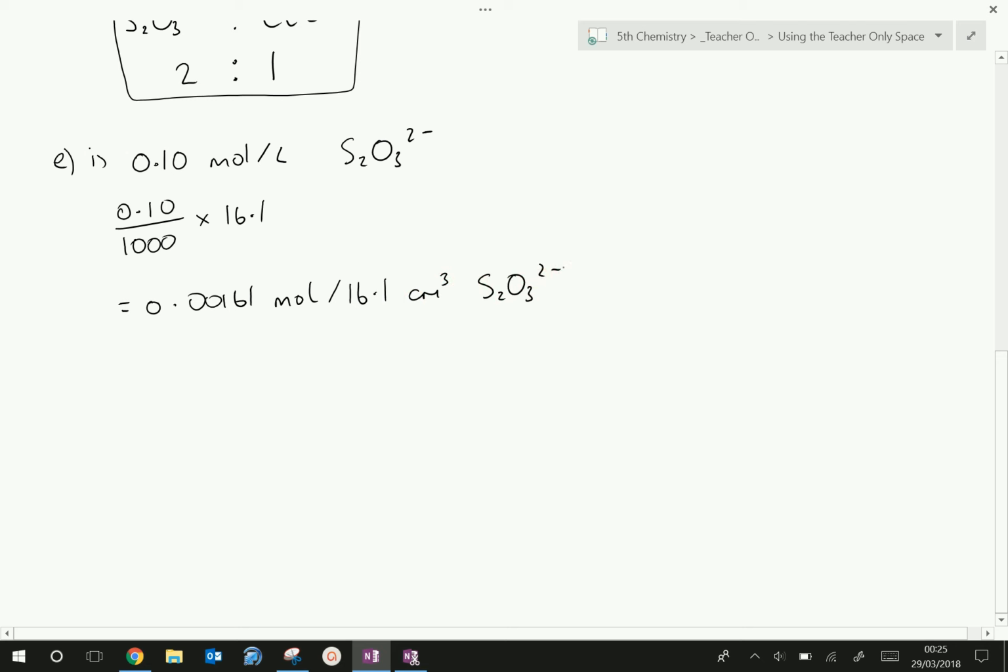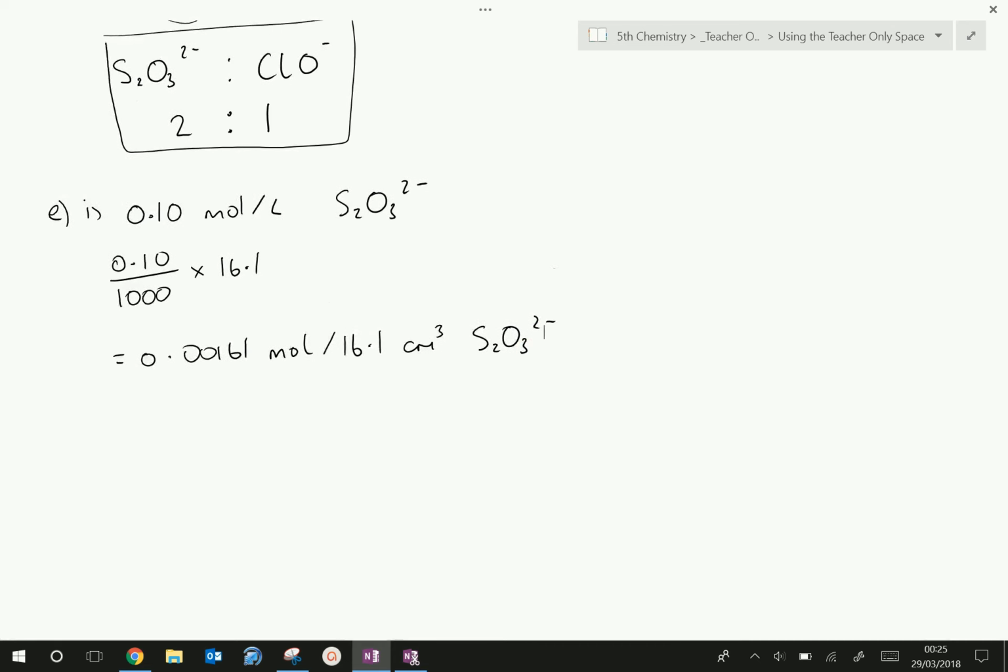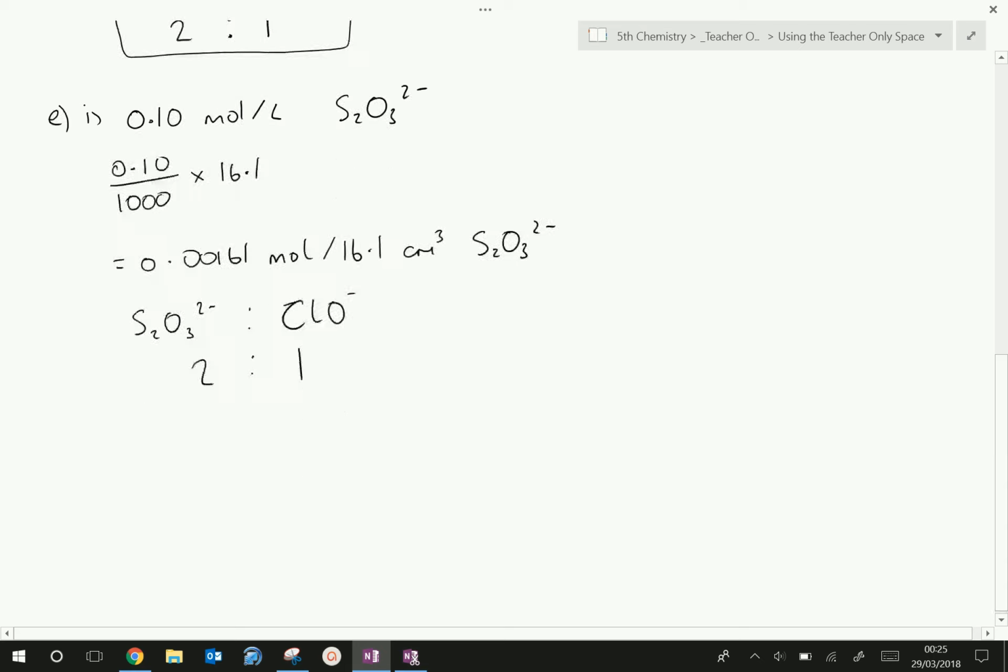Now to convert my thiosulfate into hypochlorite, I can use this ratio that I've just found. So I have thiosulfate is to hypochlorite is 2:1.